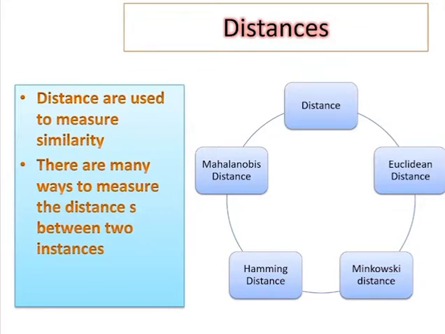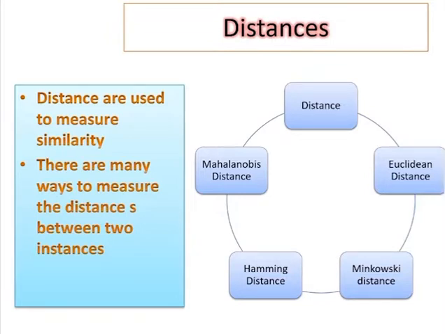So the distance measure plays a key role in KNN. Distances are used to measure what I call similarity. Of course, that really makes sense, because among items that are similar in terms of position or whatever they occupy, we don't expect the distance between them to be huge.